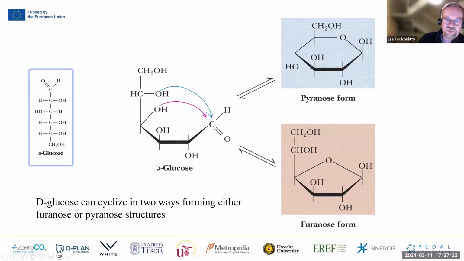For example, from D-glucose, you can form 6-ring sugars and 5-ring sugars. These 6-ring ones are called pyranose, and 5-ring ones are furanose-based structures. It's all the same glucose, but the 3-dimensional geometry is different.